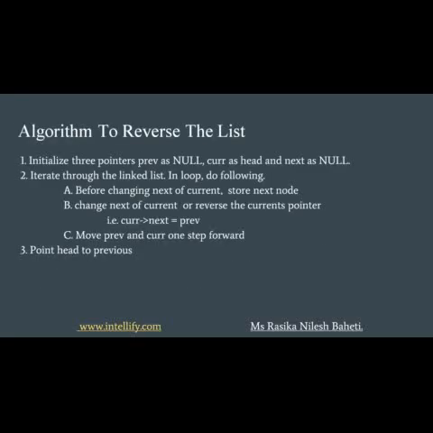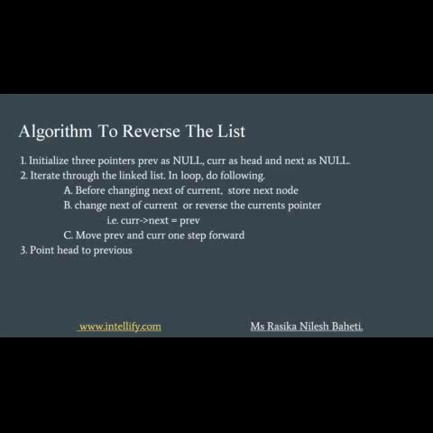Firstly we need some data structures, so they should be initialized first. Here we need 3 pointers: previous as pre, cursor as curr, and next as next. Cursor will point to head and the others to null. Cursor is similar to a temporary variable. Then we need to travel through the list.